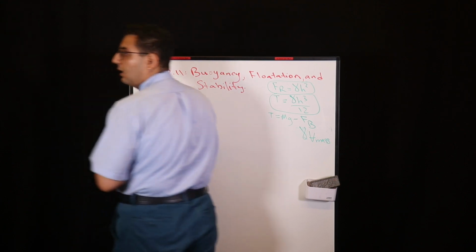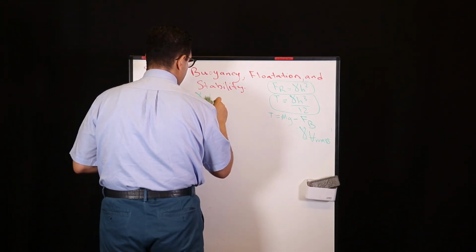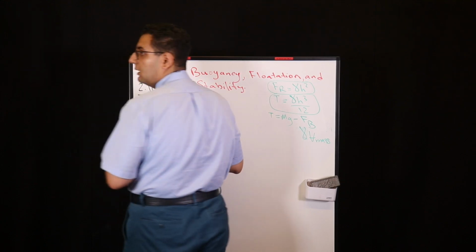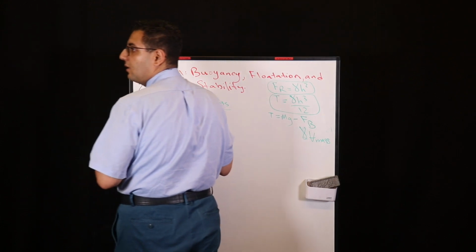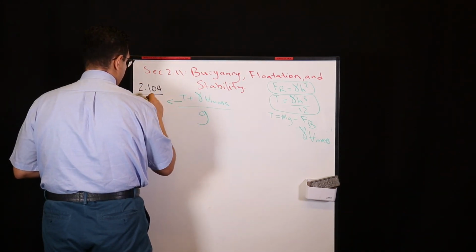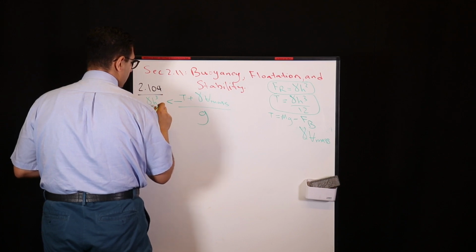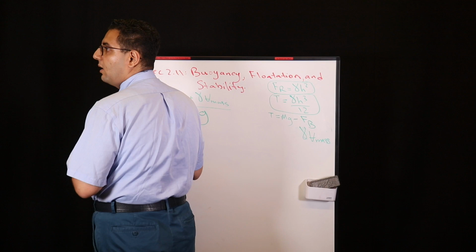T plus gamma V of mass divided by g. T is gamma H to the power 3 divided by 12. Gamma is the gamma of water.